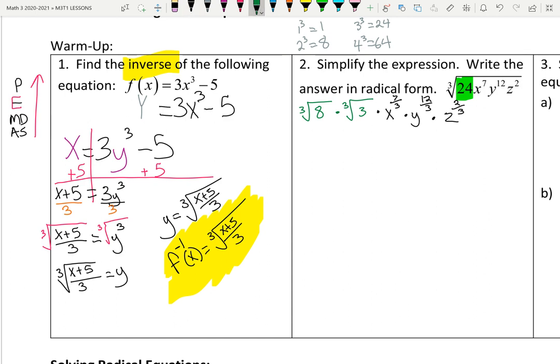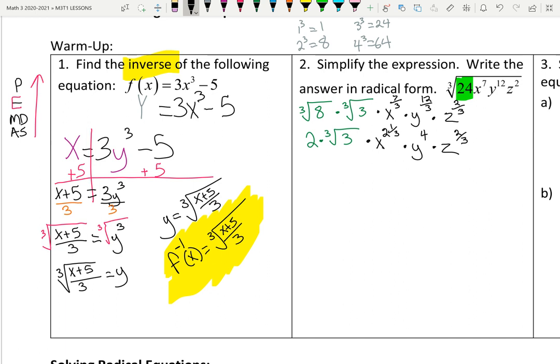I'm going to take the cube root of 8, which is 2, times the cube root of 3. Now x to the 7 over 3, when I divide it, is x to the 2 and 1/3, times y to the 4th. With z to the 2/3, I can't do anything, I just rewrite it.